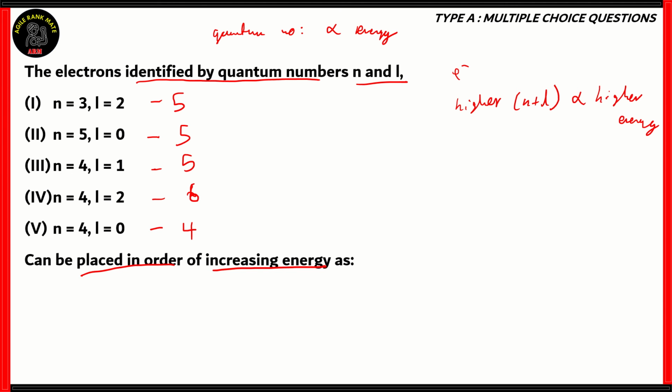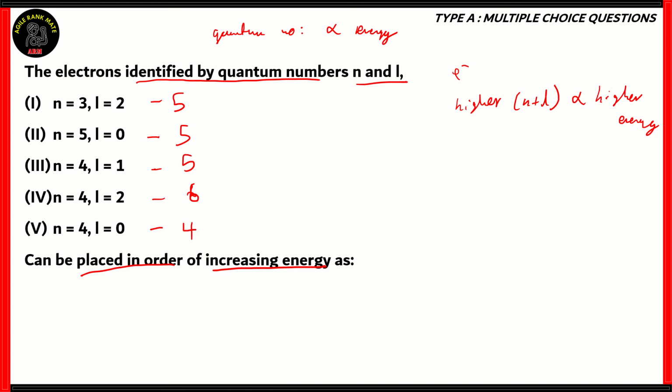But now we have a problem. In our options, every electron is greater than its previous electron. But over here, the n plus l value of 3 electrons is the same. So how do we solve that?